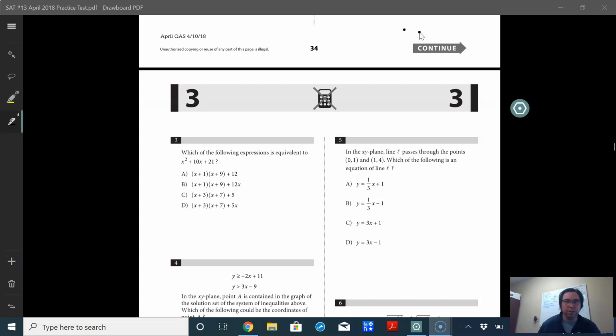We can look at this one and understand that one answer choice is not correct, because here we have x times x. When we multiply these two, that's going to give us x squared, right? So we have an x squared here. Same thing here, we're going to have an x squared, but then you're adding another 12x. So let's see here.